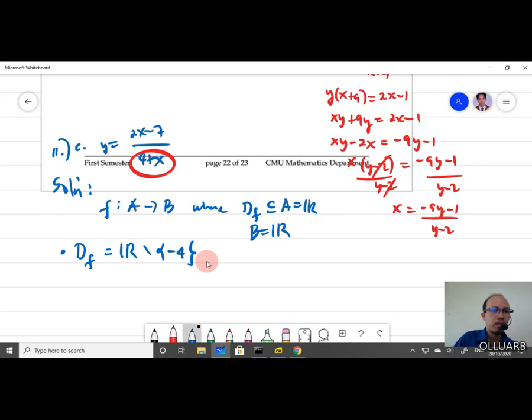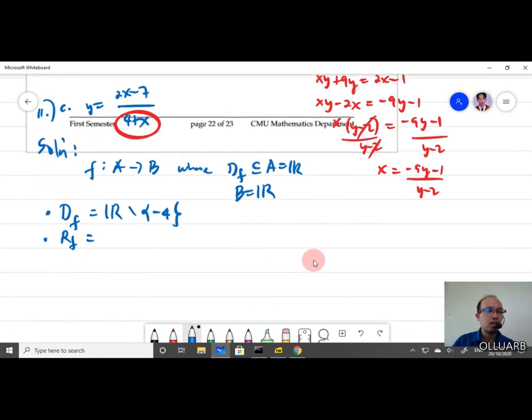So for the range, again, solve for x in terms of y.